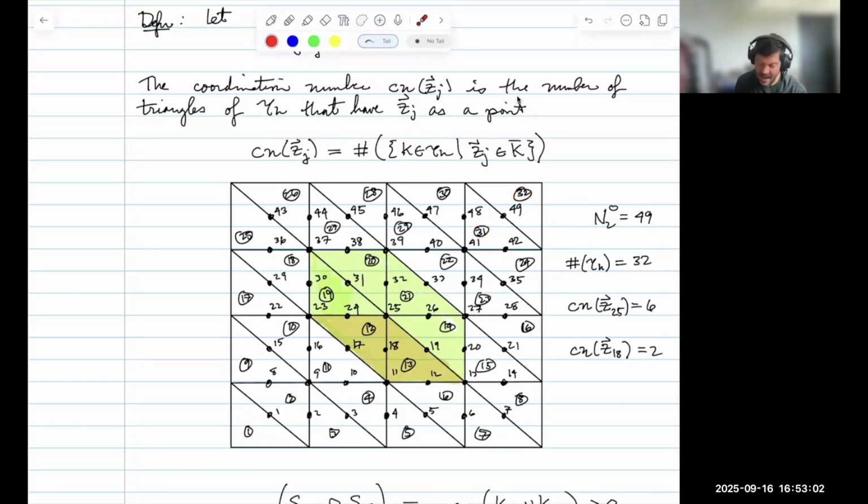And how many degrees of freedom are going to be in this mesh? Well, that's going to be the number of nodes that you see. And this is going to be for the model problem. Okay, so this is the model problem in 2D with r equals 2.